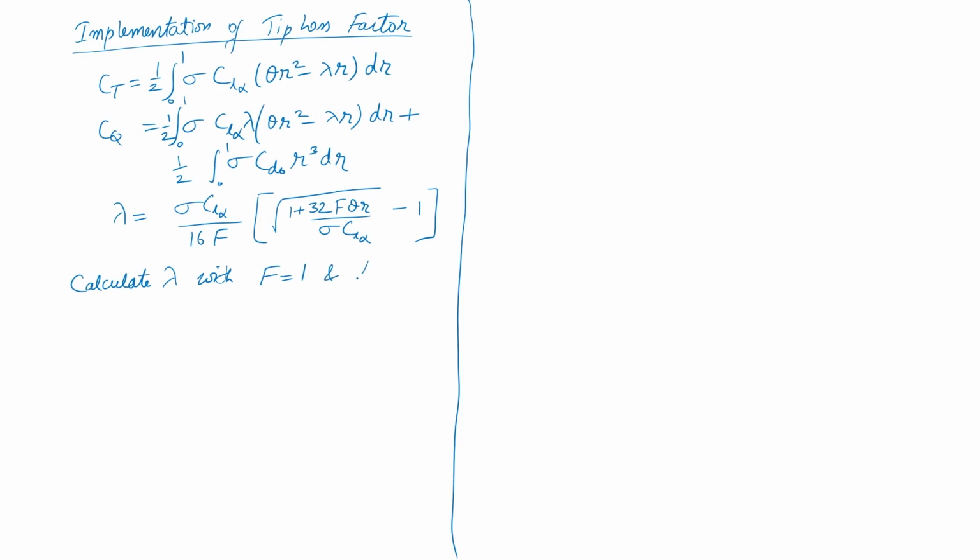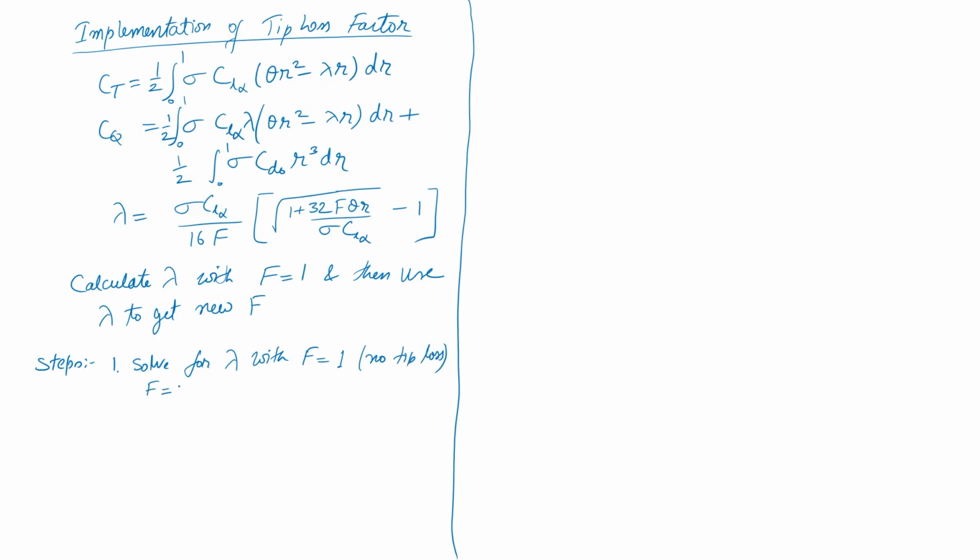And then use lambda to get a new value of capital F. So, we have to do this in an iterative manner. So, the steps are like this. The first step is to solve for lambda with F equal to 1, that is, no tip loss.